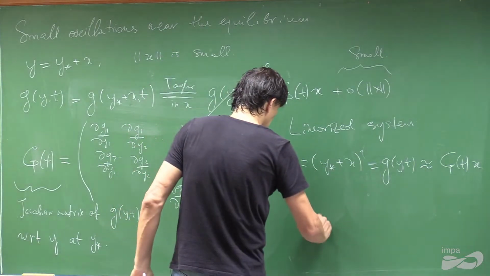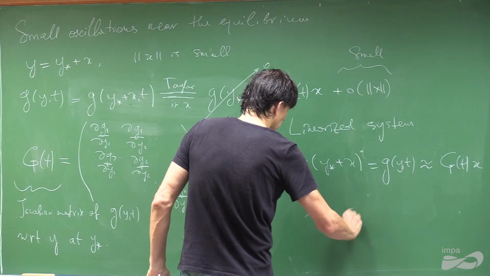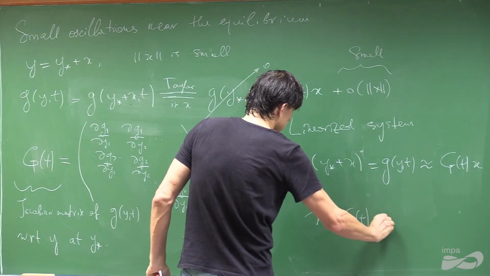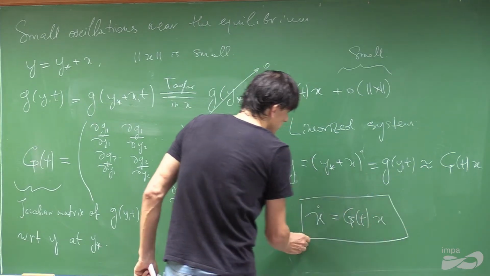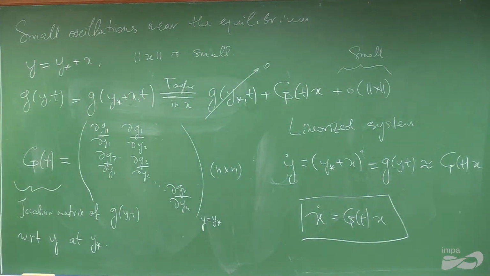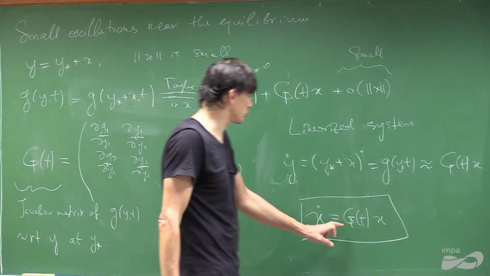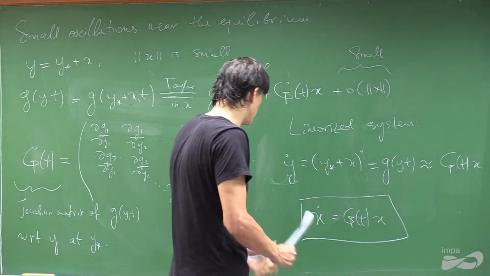So you get x dot equals G(t)x. So we get the linearized problem, which looks just like the linearized problem that we had for autonomous systems, but now it's non-autonomous. So now the matrix G is time dependent.